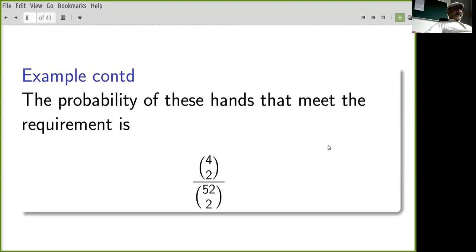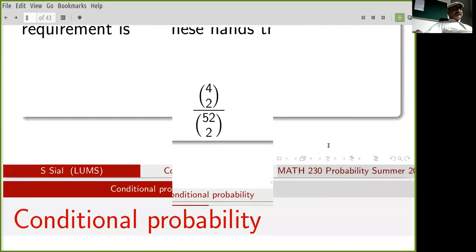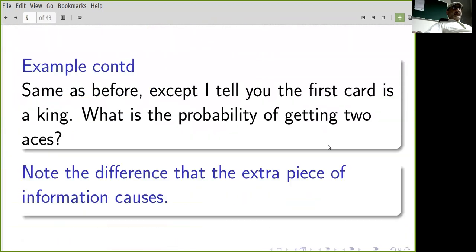Now, what if I said, what's the probability of getting 2 aces? And I'll tell you that the first card that you got is a king. What's the probability of getting 2 aces? Okay. Well, it's 0 now. Whatever the second card is, you don't have 2 aces. You've only got 2 cards and one of them is a king.